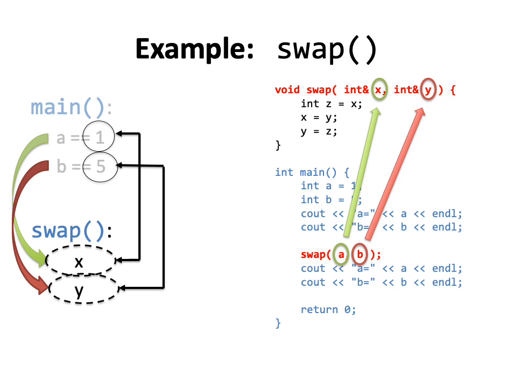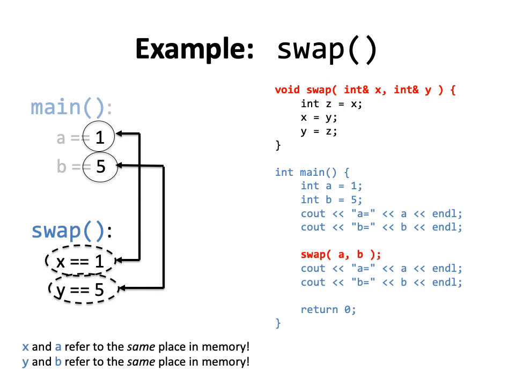So in the swap method, when we talk about variable x, it will actually be changing the value of a under the hood. And when we change the value of y in the swap method, it will change the value of b in the main method under the hood. So now there are two different ways to change this variable, whereas before it was just a and b. So x is going to have the value 1, and y is going to have the value 5.